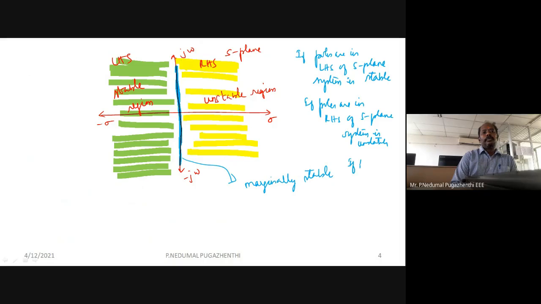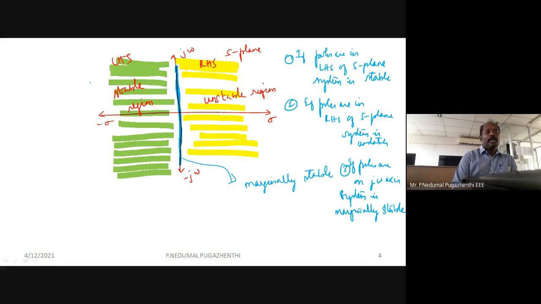If poles are on the j omega axis, the system is marginally stable. Three cases are there: one, two, and the third one.